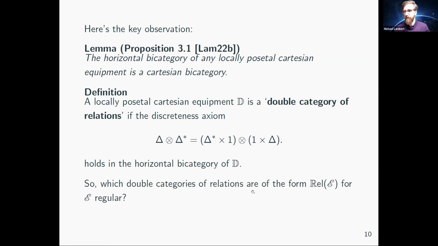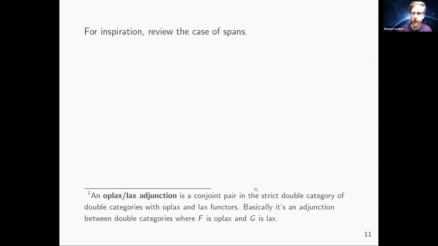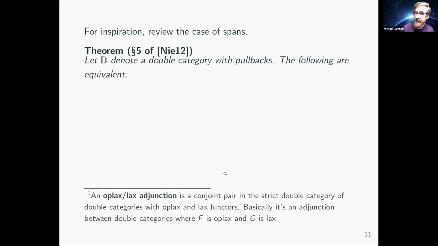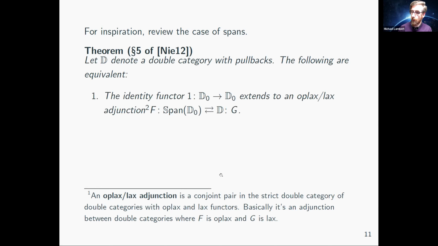So our question is, which of these are of the form Rel E? Well, let's start with spans. It turns out spans were completely characterized. This is really neat. This starts with a theorem about the existence of oplax-lax adjunctions. If you have a double category whose underlying one-category has pullbacks, then you can say precisely when you get an oplax-lax adjunction to spans on the underlying category.